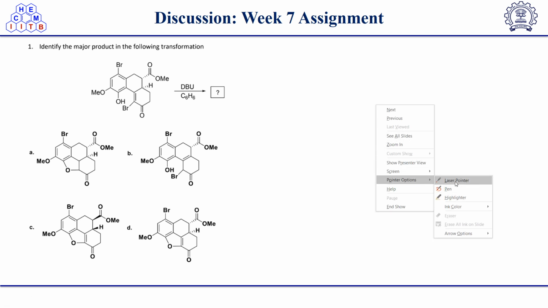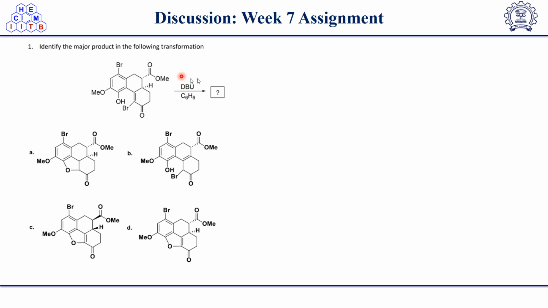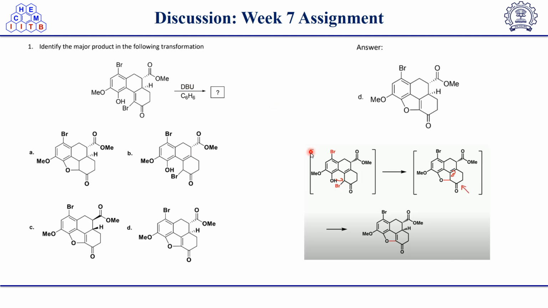Okay. The correct answer for this question is option D, that is this one. What is basically happening in this reaction is given here. On treatment with DBU, I have given the first intermediate forming in this reaction.